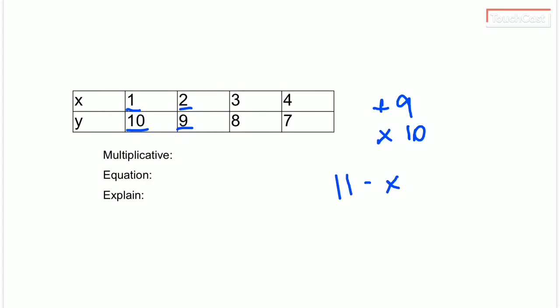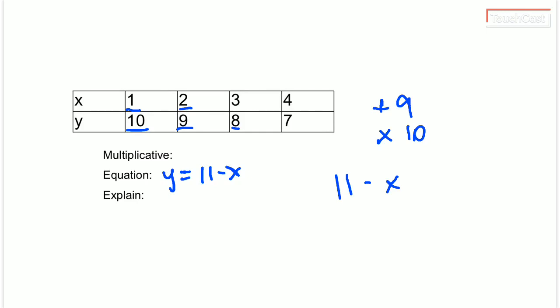So if we were to have the input of 3 and we are subtracting it from 11, that's how we would get 8. If we have the input 4 and we subtract it from 11, we get 7. So our equation is y equals 11 minus x.